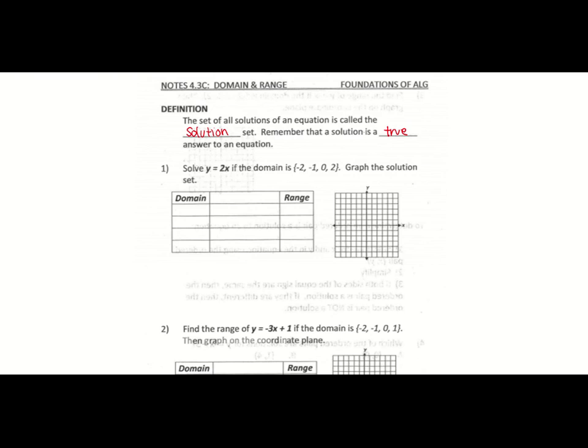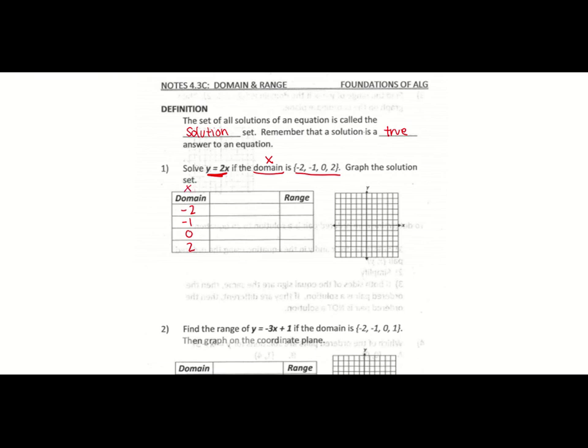So if the domain, remember domain is x, if our x values are these 4 options, we're going to write those here. Domain is -2, -1, 0, and 2. We're going to take those x values and plug them into our original equation and see what we would get for our y.